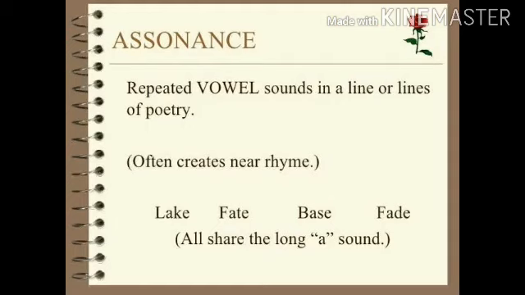Here we have another example. Lake, fate, base, fade. You can see all these words share the long A sound. So assonance is repeated vowel sounds in a line or lines of poetry which often create a near rhyme.